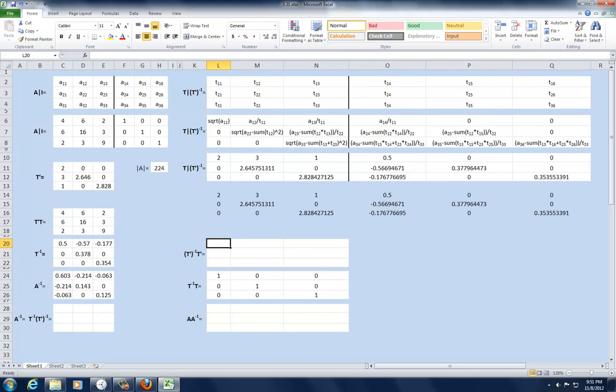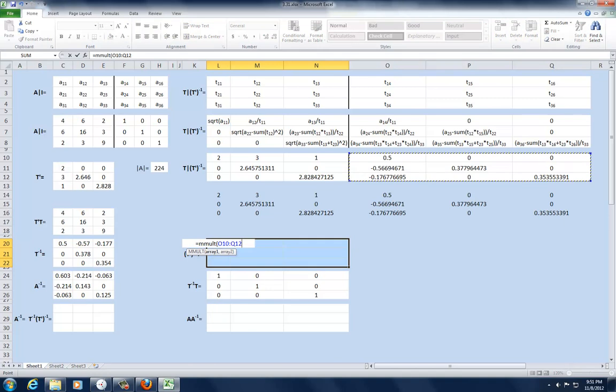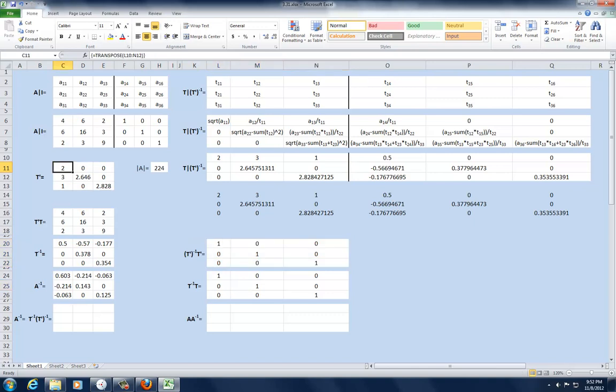We also talked about how the lower triangular inverse root matrix here times the transpose would equal the identity. So let's do that here. So just matrix multiplication. Take this matrix times the transpose of T, which is over here, Control Shift Return, and we also get an identity matrix so that we know that everything is correct so far.